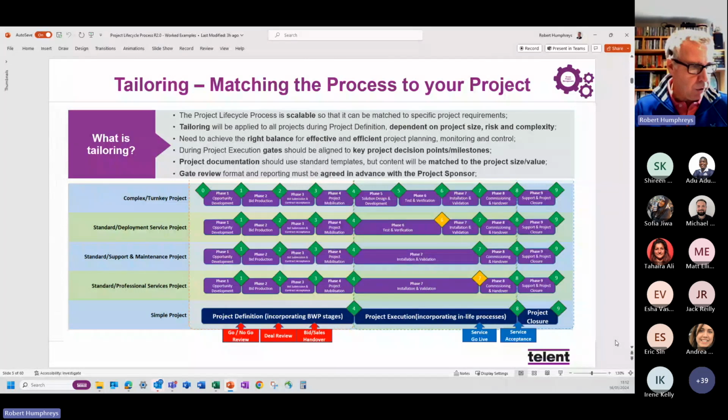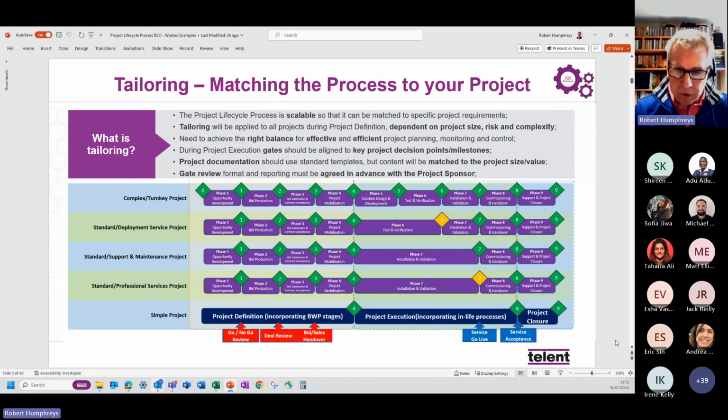You still need to go through the go, no go governance. You still need to go through the deal review, and there still will be that bid and sales handover because we still have that as part of that bid winning process. So none of that goes away. We just won't have necessarily those as formal gates where we've got the project sponsors and the project manager involved in those.